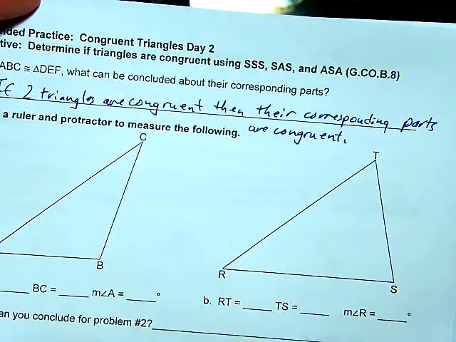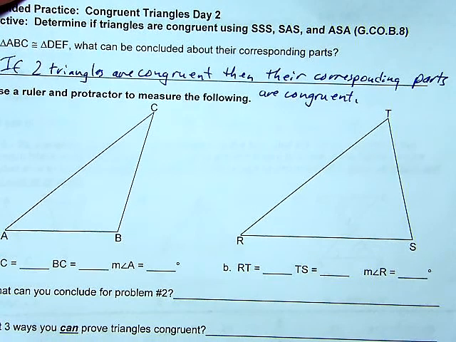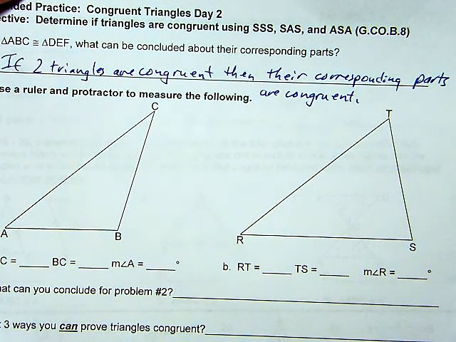Okay, if two triangles are congruent, then their corresponding parts are congruent. So that means the parts could be sides, side lengths, or angles.